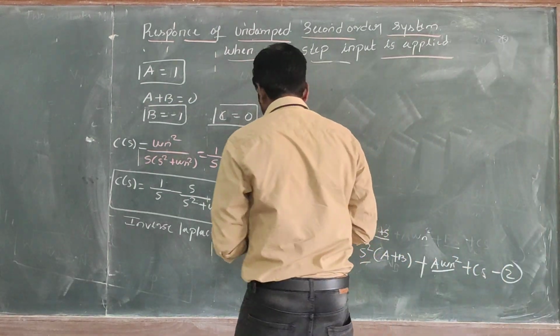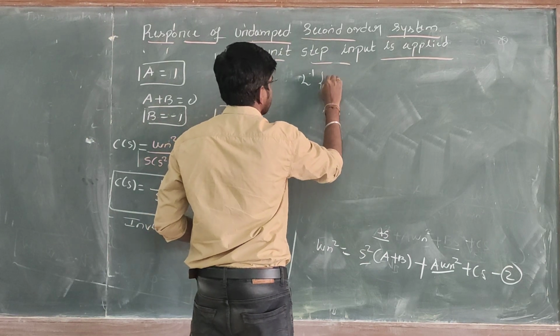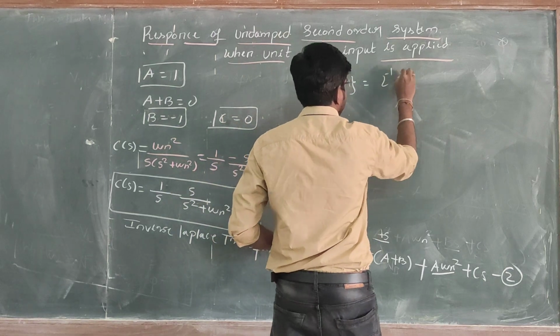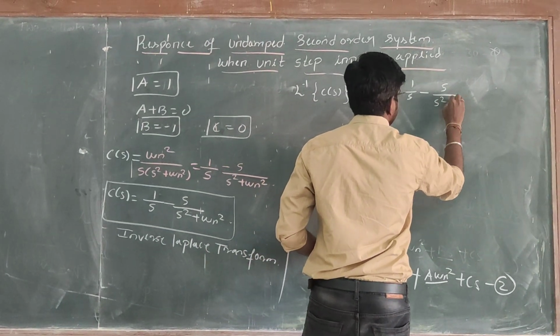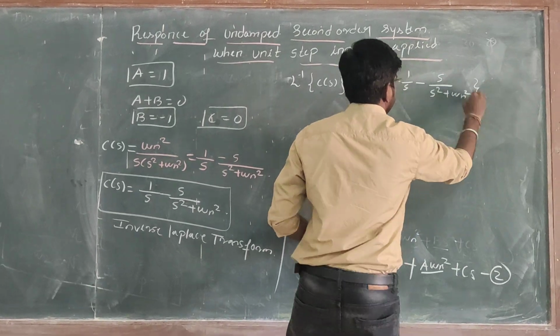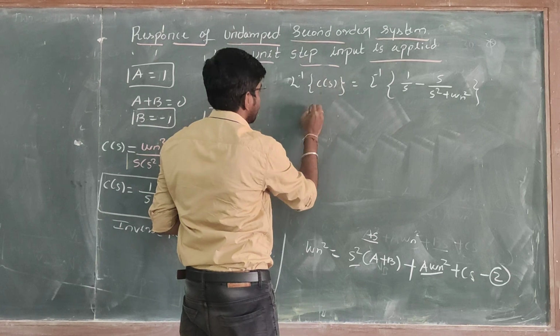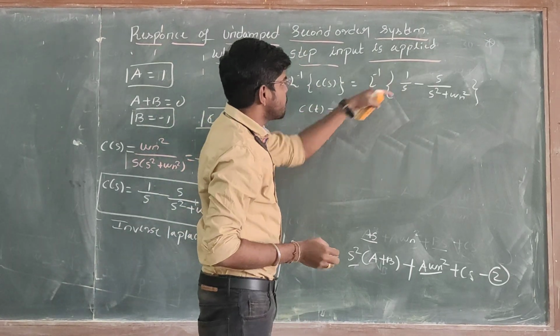So after applying inverse Laplace transform, C of S will be converted to C of t. Inverse Laplace of 1 by S minus S divided by S square plus omega n square. Okay. So inverse Laplace transform of C of S is C of t, and inverse Laplace transform to each term.